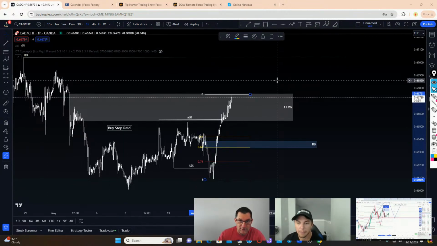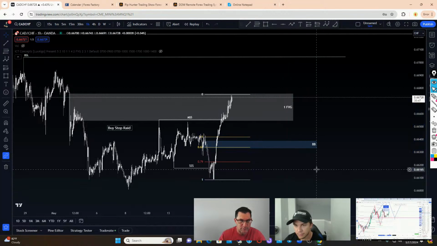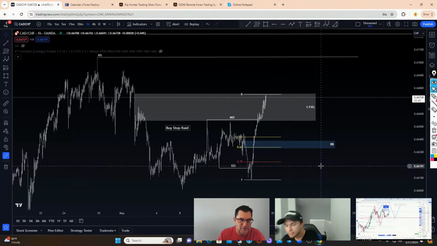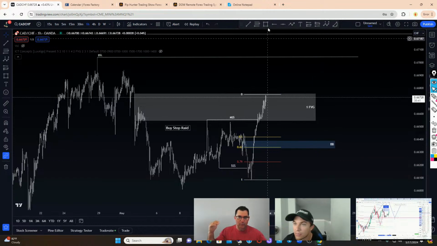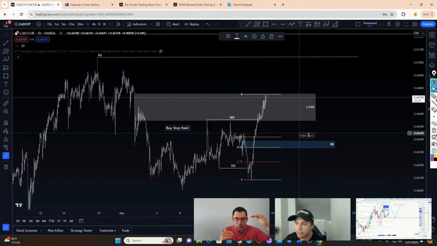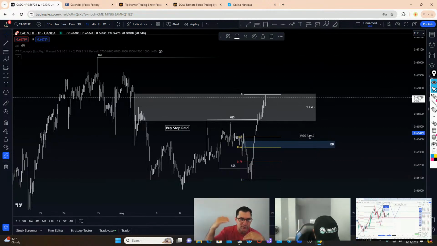So what drives the market down? Sellers drive the market down. Something's got to drive the market down, and if it's not going to be driven down at this point, then I'm looking at this and saying, hey, liquidity levels, buy side liquidity, sell side liquidity. What are these levels? These are where traders are placing stop losses.